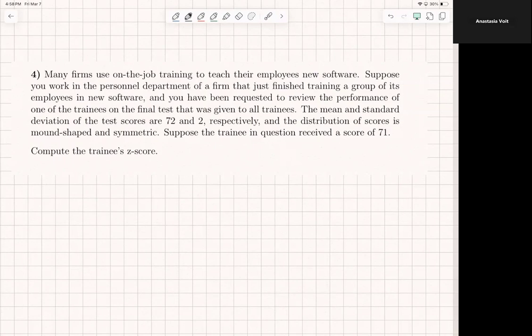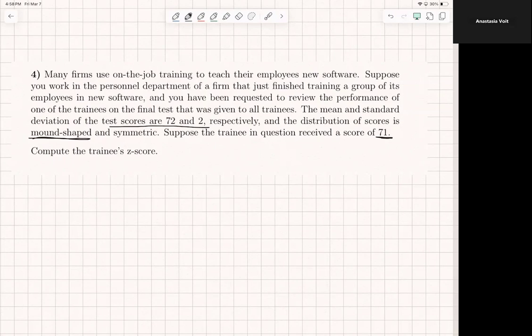The mean and standard deviation of the test scores are 72 and 2 respectively, and the distribution of scores is mound-shaped, or bell-shaped and symmetric. Suppose the trainee in question received a score of 71.